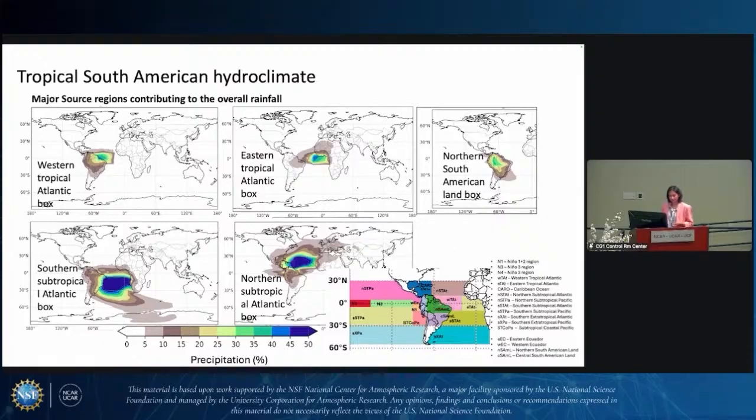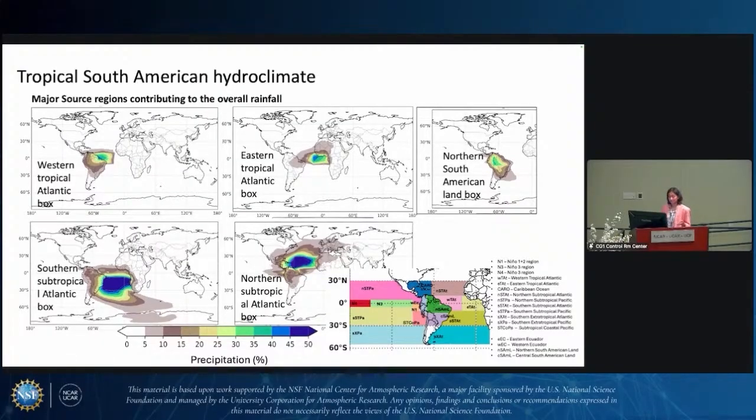We see that this northern South American land, or the Amazon box, this green box here, contributes about 10 to 40% to the total rainfall, which agrees with all the previous studies. This 10 to 40% value differs between seasons, and it also shows a large internal variability.